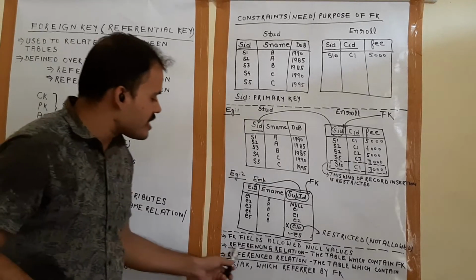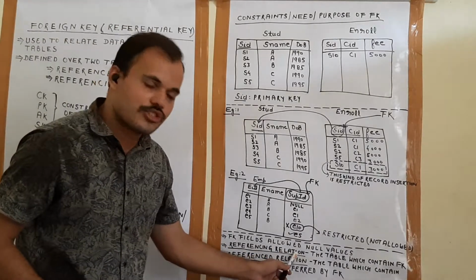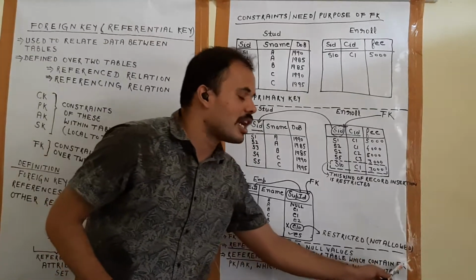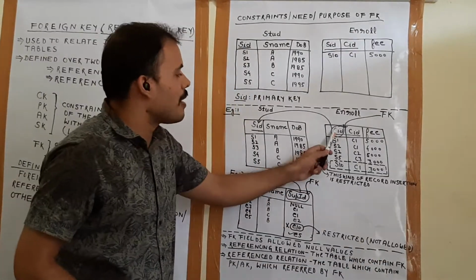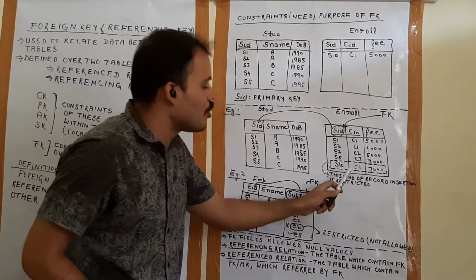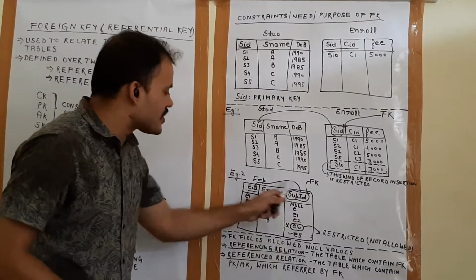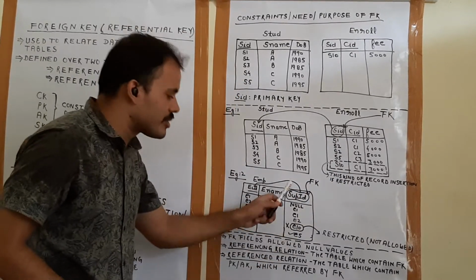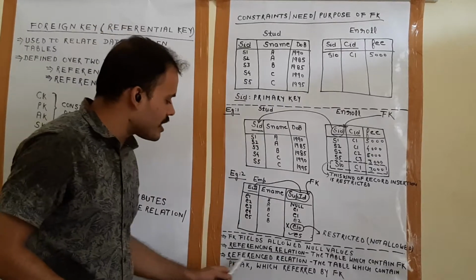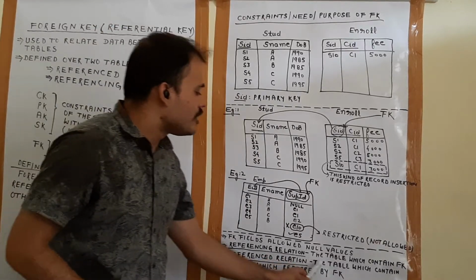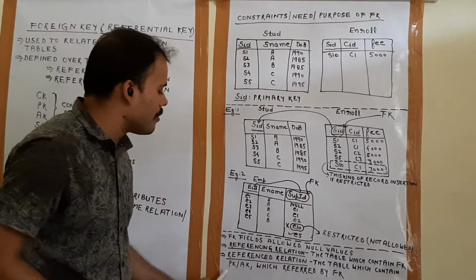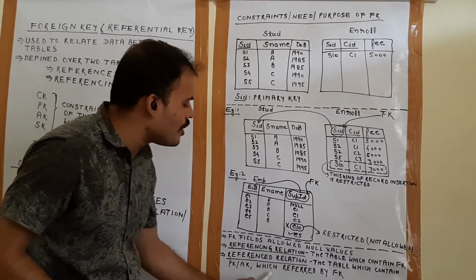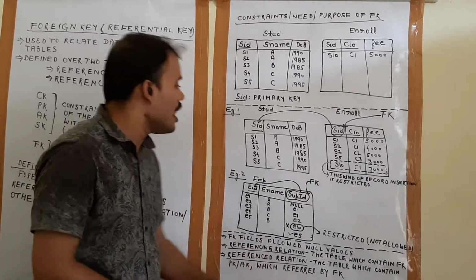See here, what is the referencing relation? Relation means table. The table which contains the foreign key is known as the referencing table. What is the referenced table here?